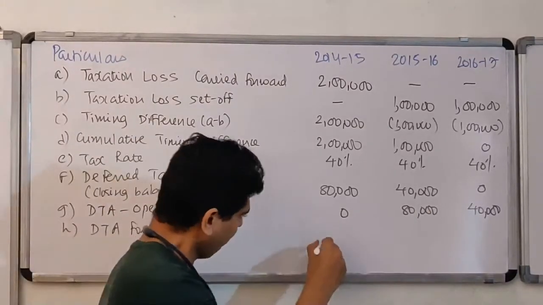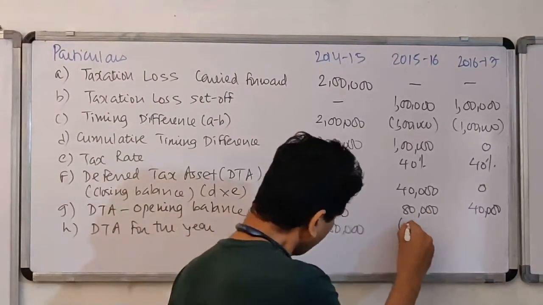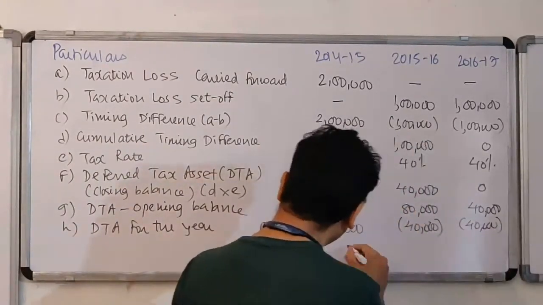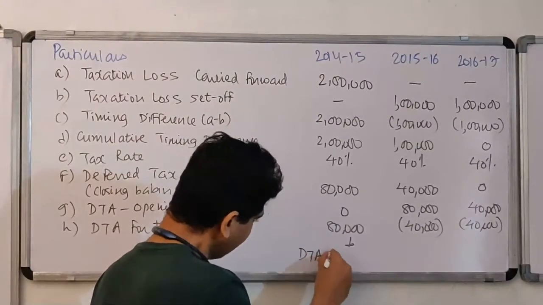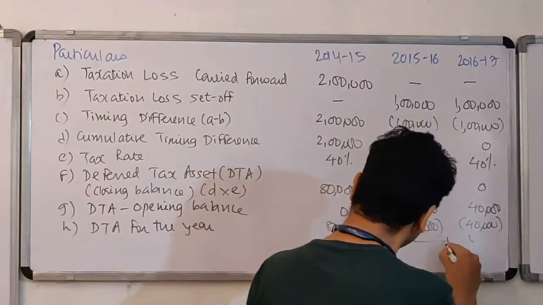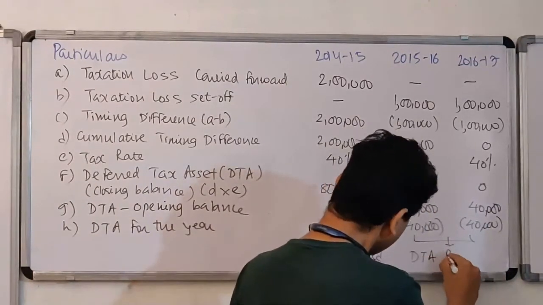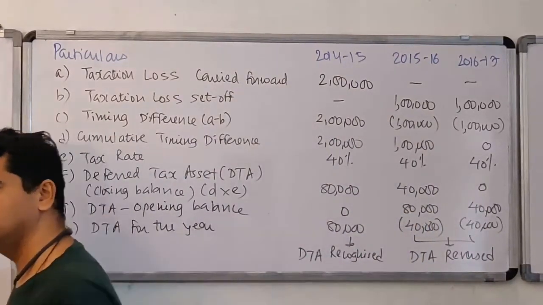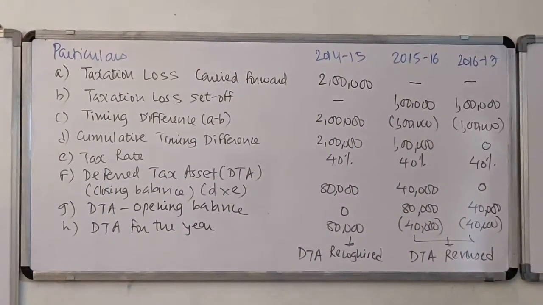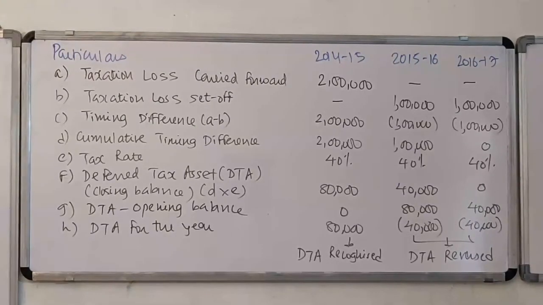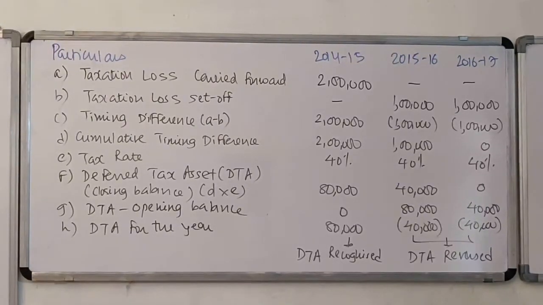DTA for the year. DTA recognized. DTA reversed. So I'm ready with the current tax, I'm ready with the deferred tax. We can now prepare the P&L. If you are still solving, just pause the video first and complete it.